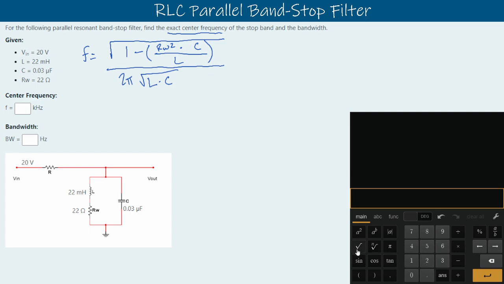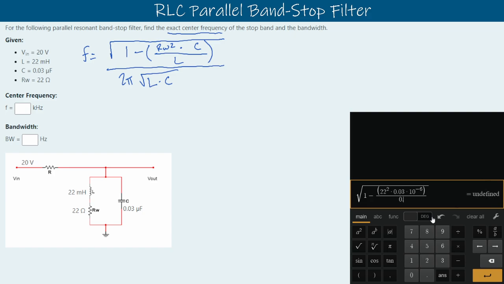So we'll start off with the square root of 1 minus, open parenthesis, our winding resistance of 22 squared. And that is multiplied by our capacitor, 0.03 times 10 to the negative 6, microfarads. After that, we'll close that parenthesis and divide by our inductor value of 22 millihenries.